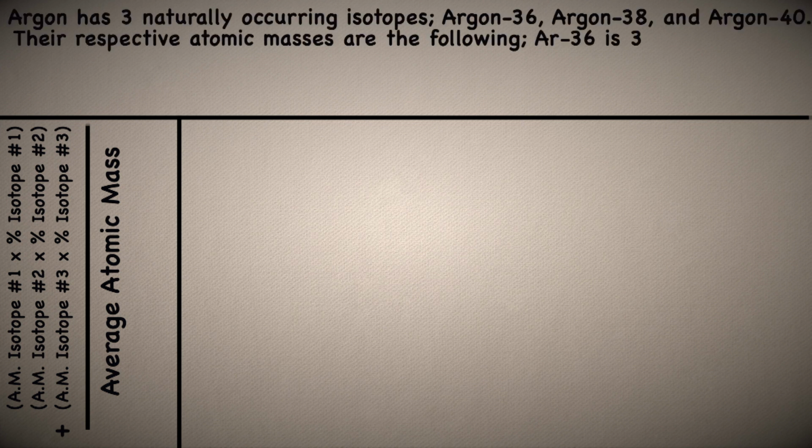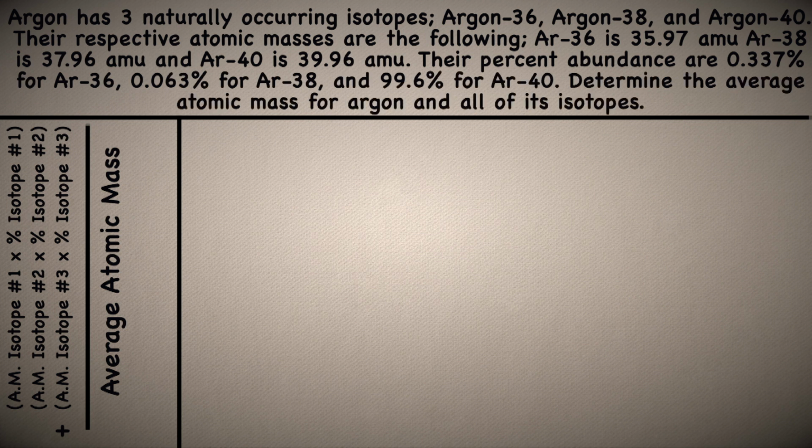Argon has 3 naturally occurring isotopes: argon 36, argon 38, and argon 40. Their respective atomic masses to 2 decimal places are the following. Argon 36 is 35.97 atomic mass units. Argon 38 is 37.96 atomic mass units.